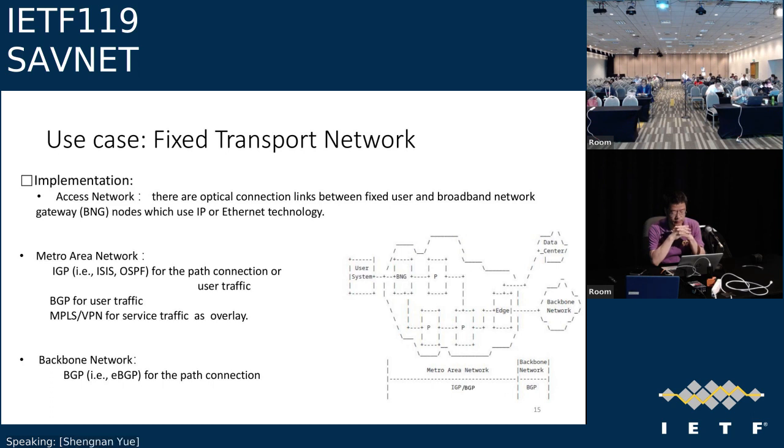And the metro area network uses IGP for path connection, and maybe uses IGP for user traffic, or it also can use BGP for user traffic, and MPLS VPN for service traffic as overlay. And the backbone network uses BGP for the path connection. Next slide.